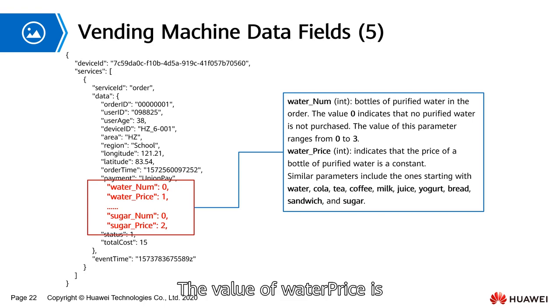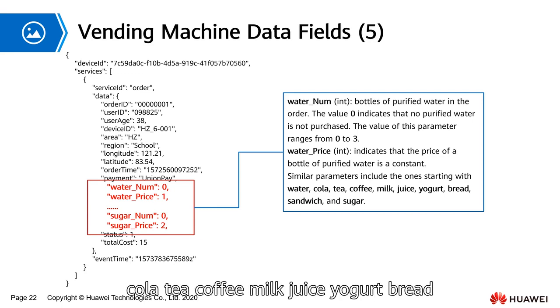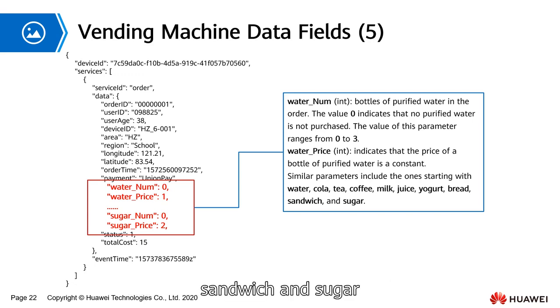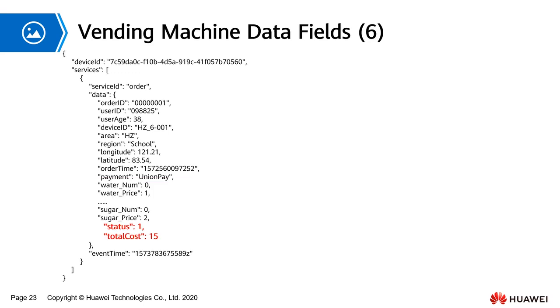The value of water price is a constant of the integer type. Similar fields are available for water, cola, tea, coffee, milk, juice, yogurt, bread, sandwich, and sugar, and the quantity of each product in the order ranges from 0 to 3.